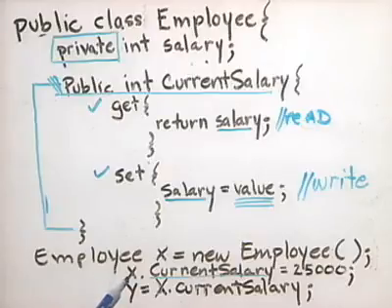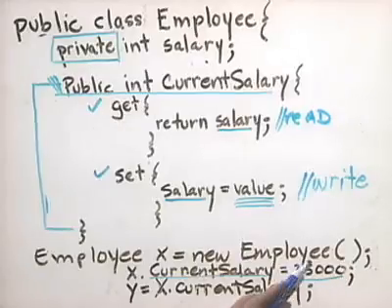Now what I've done here is I've called the set component of the property because I'm changing the value of the current salary. So x dot current salary, I'm calling it just like a method, but notice there's an equal sign in the line, and that's what I'm passing in. So actually 25,000 is what is passed in right here.